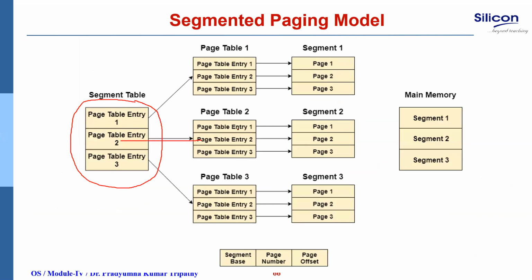Page table entry 1, 2, 3, a number of entries are there, and these correspond to page 1, 2, 3 of segment 2 only, because segment 2 is divided into a number of pages. So from a particular entry, I will go to a particular page, and from the page I will get the corresponding entry in the memory.